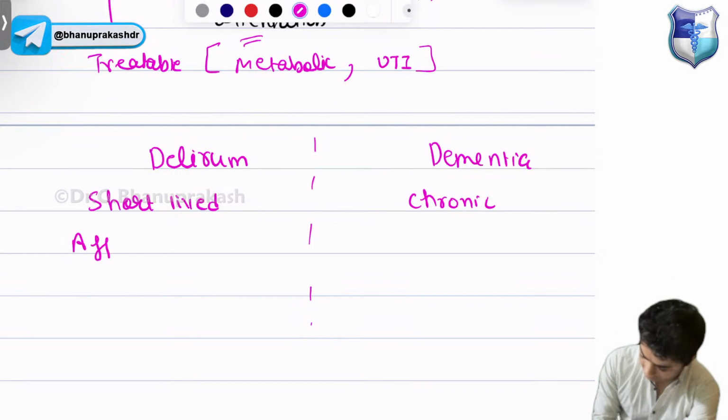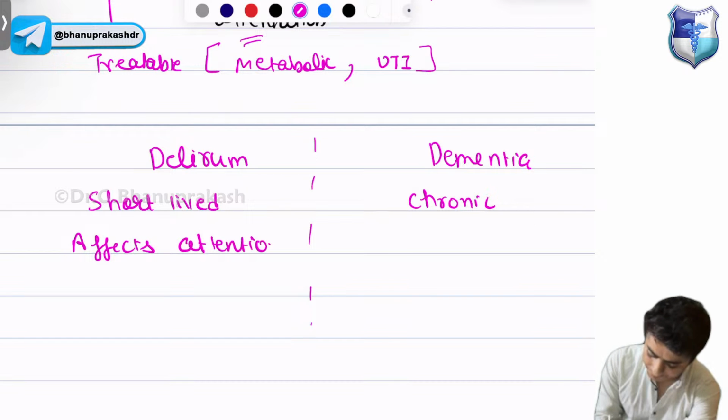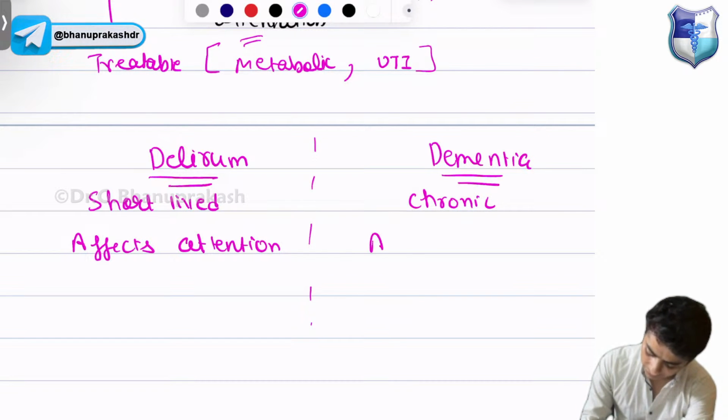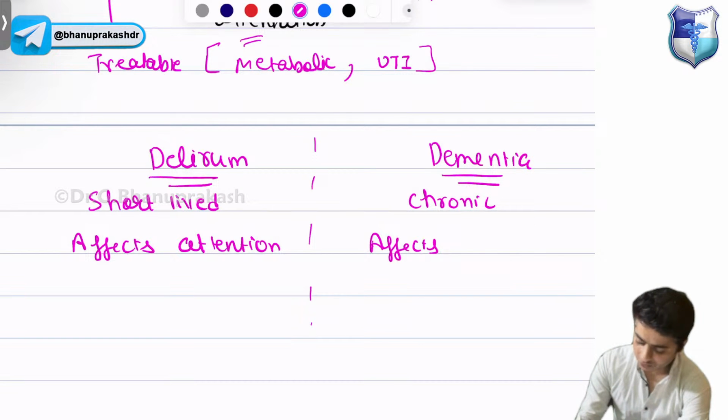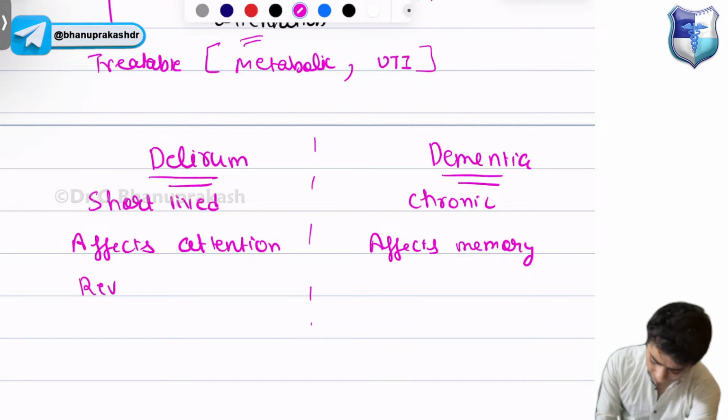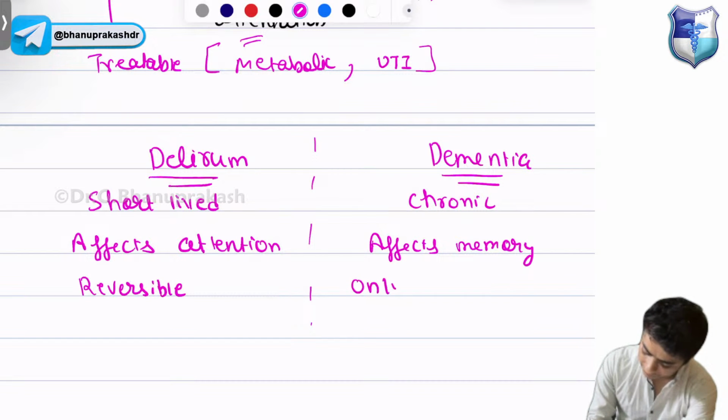Delirium generally affects attention. Dementia affects memory. Delirium is reversible. Dementia is reversible only in 10% of patients.